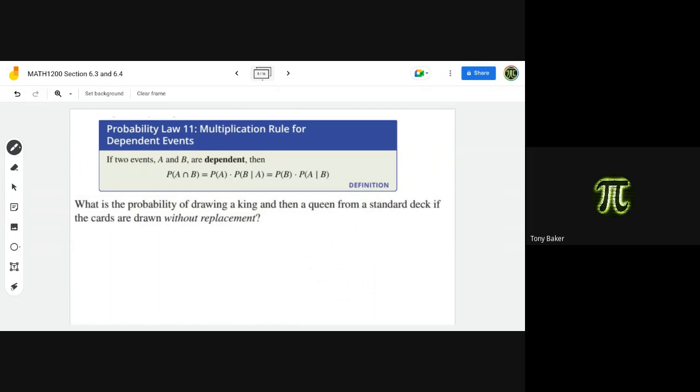This is probability law 11, and if they're dependent, I wouldn't go through this whole work. You just have to take that away from it. So for example, and this is what I had already talked about when we did the addition, because we used the same concept: what's the probability of drawing a king out of a deck of cards?